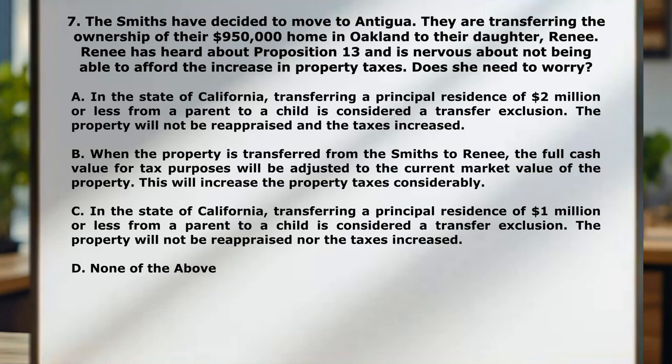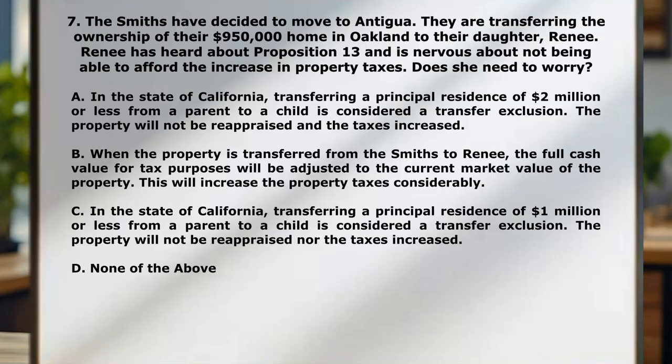A. In the state of California, transferring a principal residence of $2 million or less from a parent to a child is considered a transfer exclusion. The property will not be reappraised and the taxes increased. B. When the property is transferred from the Smiths to Renee, the full cash value for tax purposes will be adjusted to the current market value of the property.